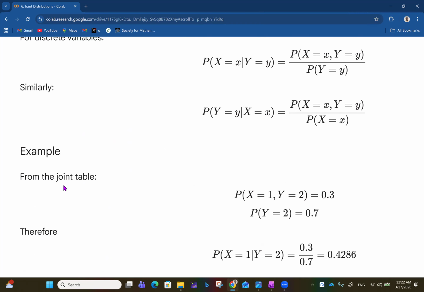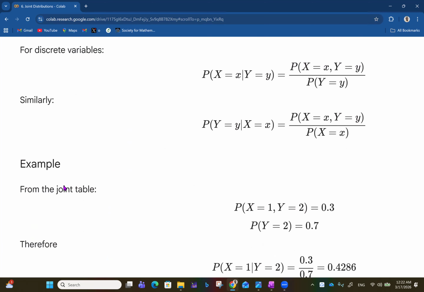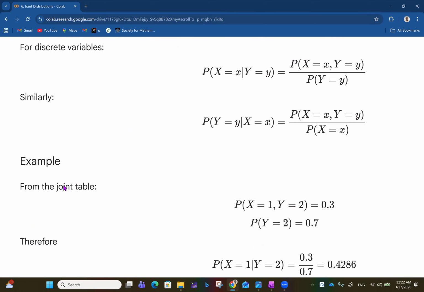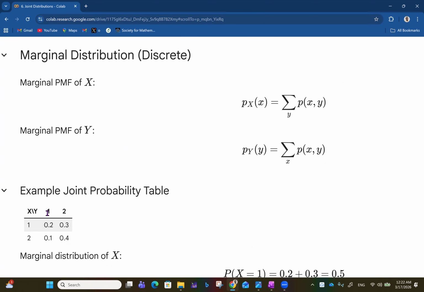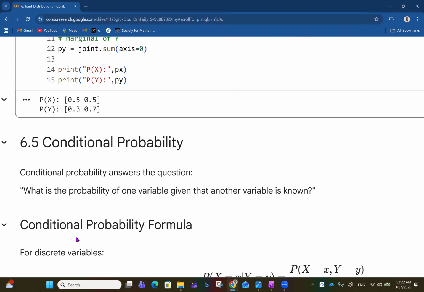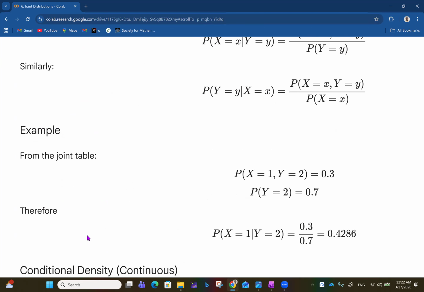If you need the probability that X is equal to 1, given that Y is equal to 2, you need the probability that Y is equal to 2. That would be the marginal. For the probability that Y is 2, you sum down the column: 0.3 plus 0.4, because Y can be 2 in these two cases. That's why we have 0.7 right here.